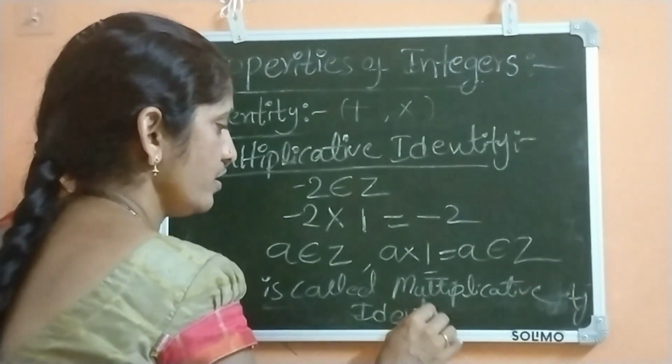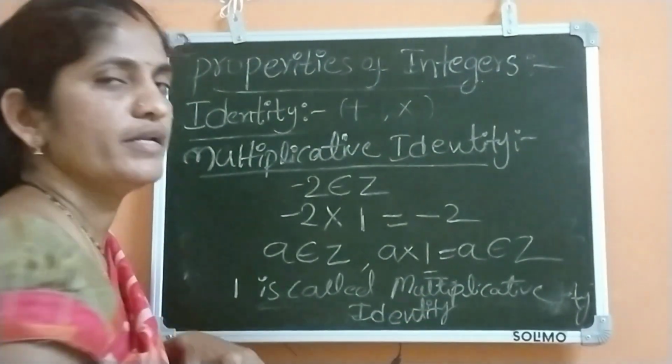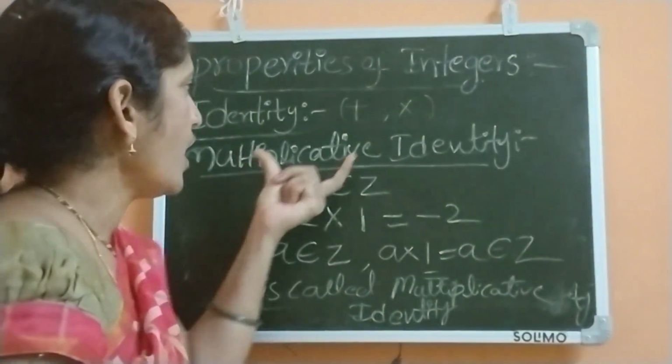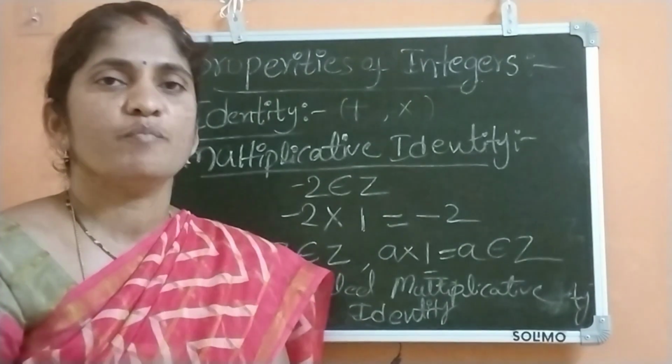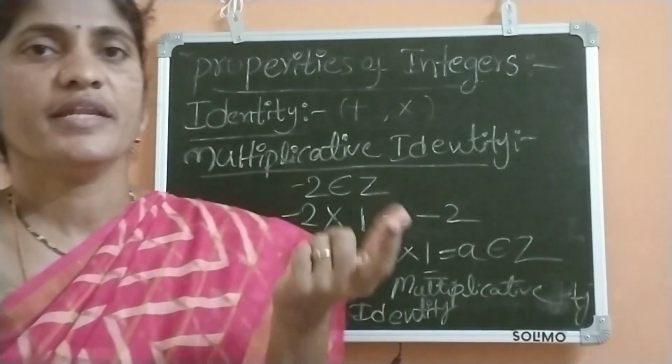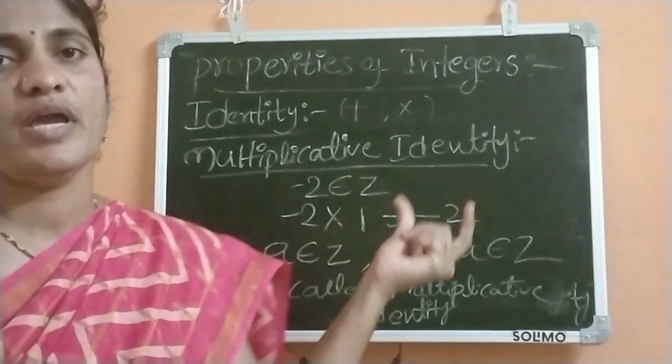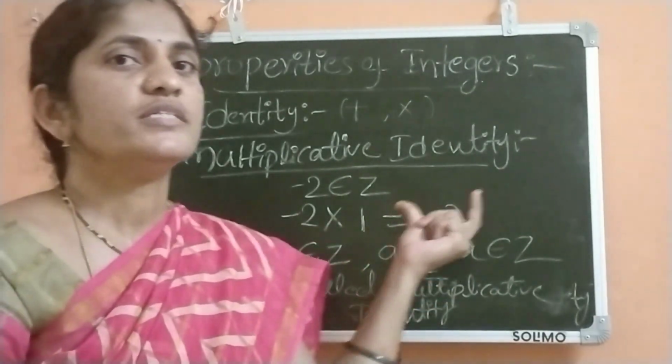So this is the identity property: by adding 0 to any integer we get the same integer, and when we multiply with 1 we get the same integer. Then 1 is called the multiplicative identity in the integer system.